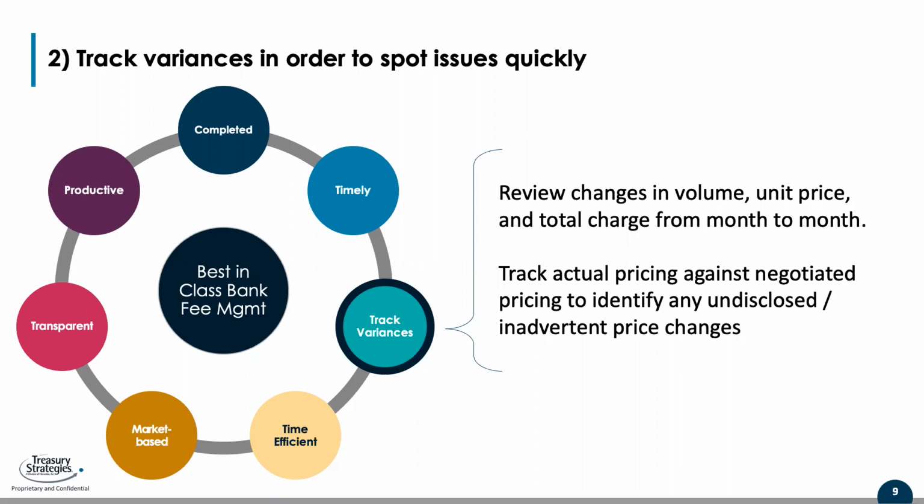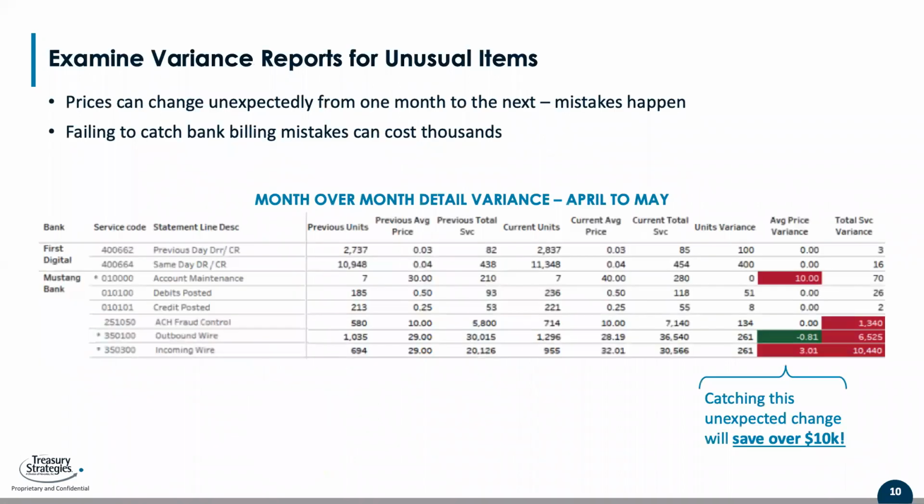One of the things that we do to help examine specific variances is simply going through and matching up by bank each particular service and evaluating the prior month units, price, and total service charge against the current month units, price, and total service charge, and then highlighting any significant variances between those.